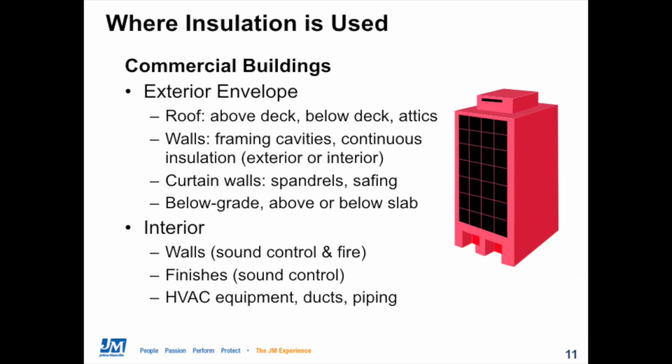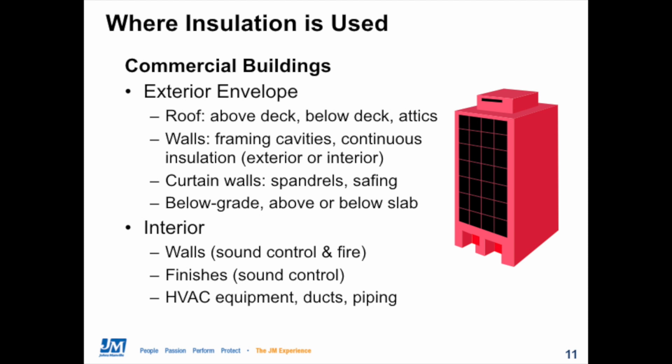So now that we've talked about different insulation types, let's talk a little bit about where we're going to find insulation in commercial buildings. For commercial buildings, we're going to find insulation used in a bunch of different areas. In the exterior envelope, insulation is going to be used in the roof, the walls, and curtain wall systems, below grade walls, even below the slab to help reduce heat flow in and out of our building.